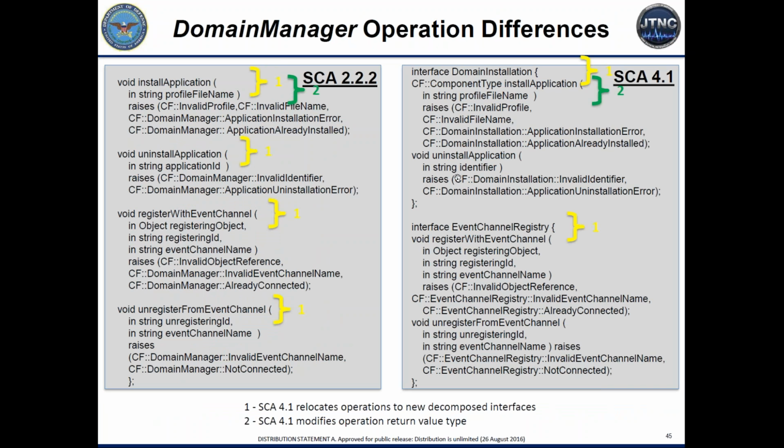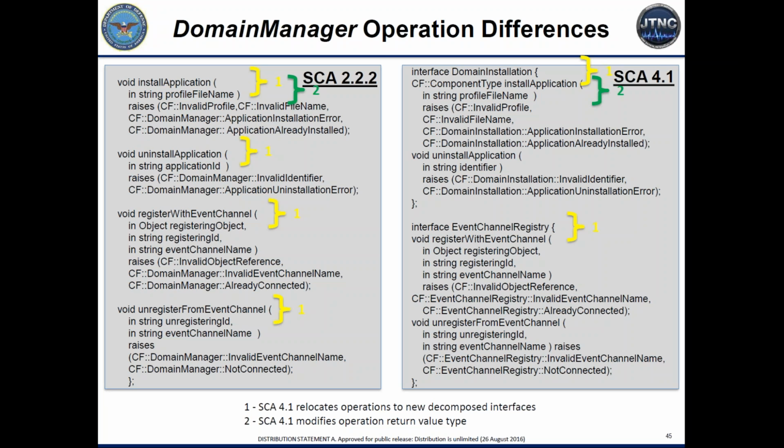And when we look at those specific operations that used to exist at the domain manager level, within 4.1 we have also moved those operations to those decomposed interfaces. So we've taken install application.